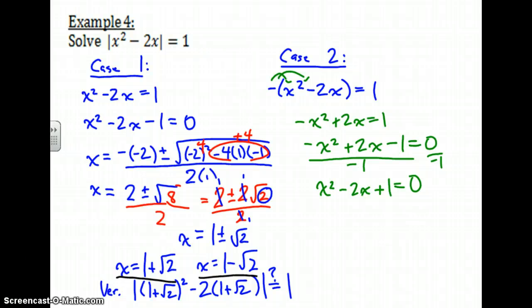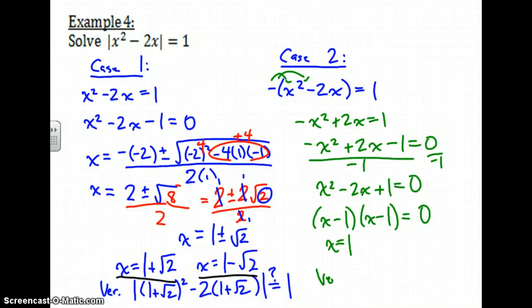Now we're looking for two numbers that add to give negative 2 and multiply to give 1. Those numbers can be x take away 1, x take away 1 equals 0. Now we solve this: we get x equals 1, and the other one is also x equals 1, so we only need to do it once.